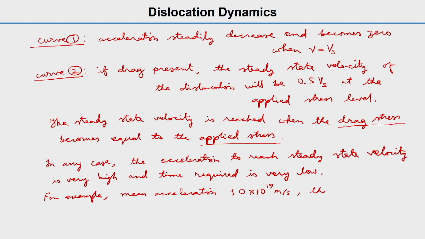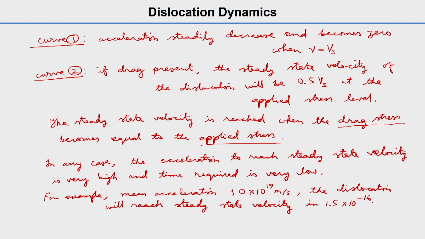Then the dislocation will reach steady state velocity in approximately 1.5 times 10 to the power minus 16 second. Very, very small time.